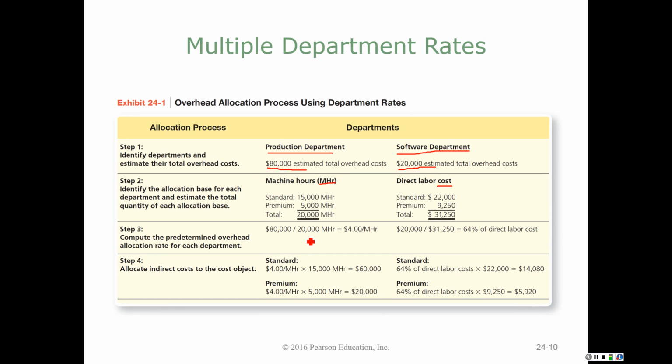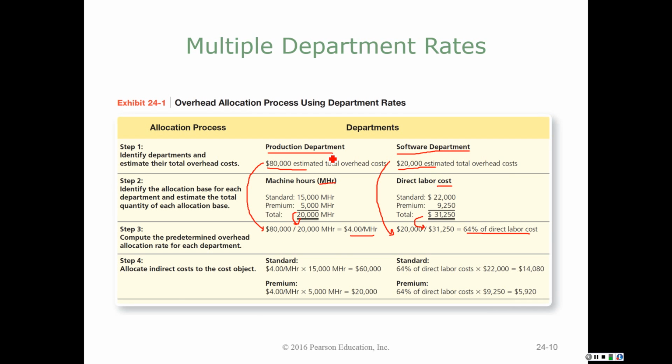So now that I know my total estimated overhead, and now that I know, so we bring that down to both departments, and now that I know the total estimated driver for that department in both scenarios, now I can calculate a new overhead allocation rate.